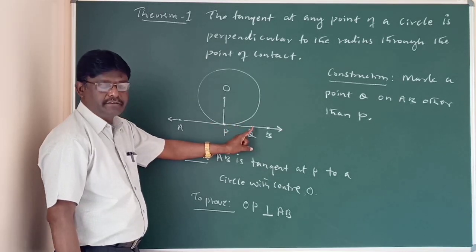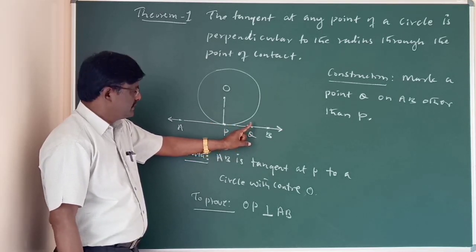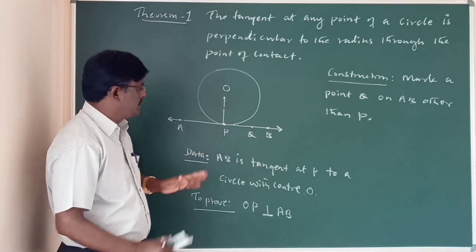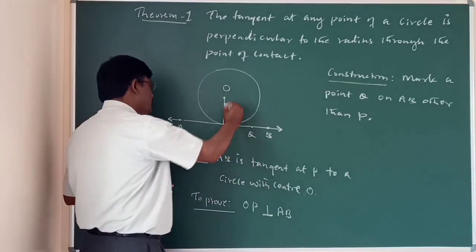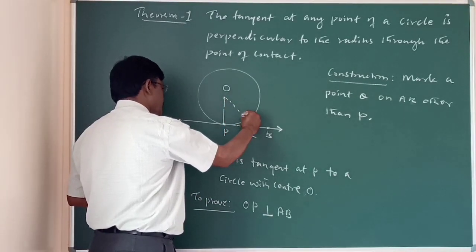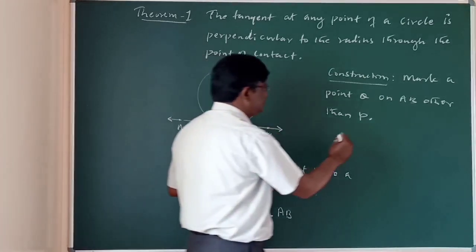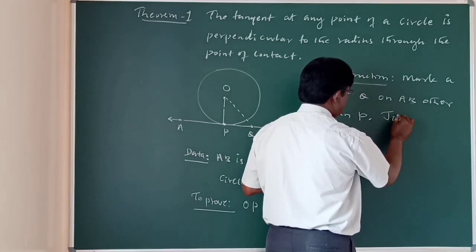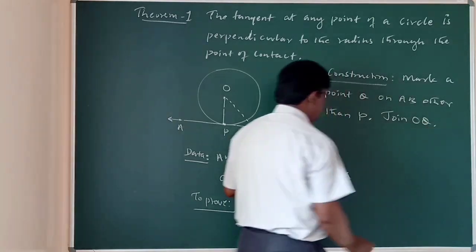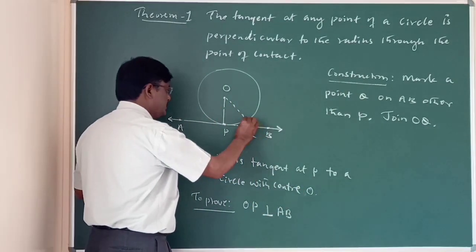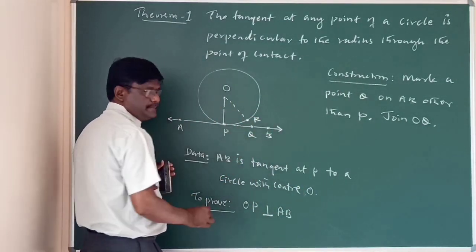We have to select Q in such a way that it is other than P. Then join OQ. And let us mark this point R.